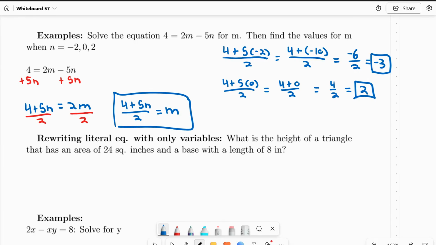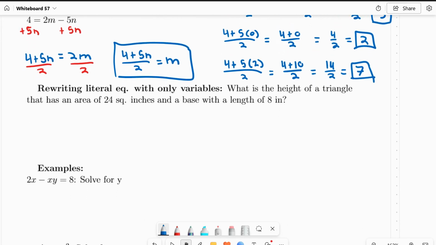Now do the same with positive 2. 4 plus 5 times positive 2 over 2. 5 times 2 is going to give me a positive 10. 4 plus 10 gives me 14. And then 14 divided by 2 gives me 7. So those would be my answers when we assign a value to n.